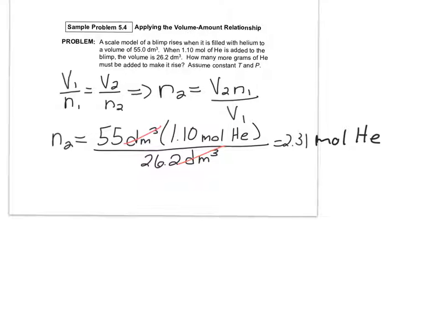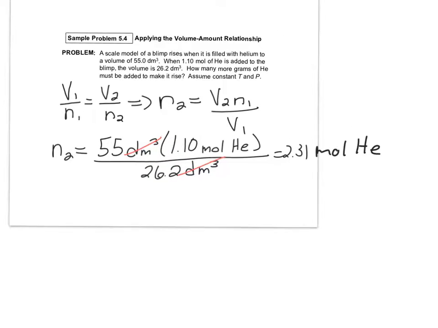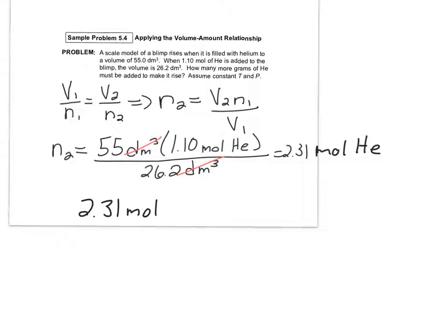All right, so it's asking for how many more grams of helium must be added to make it rise. We already started out with 1.1 moles, so I know what my new number of moles is going to be now, right? It's going to be the 2.31 moles of helium. So to figure out how many more I have to add, I just subtract, right? I've got my 2.31 moles of helium.